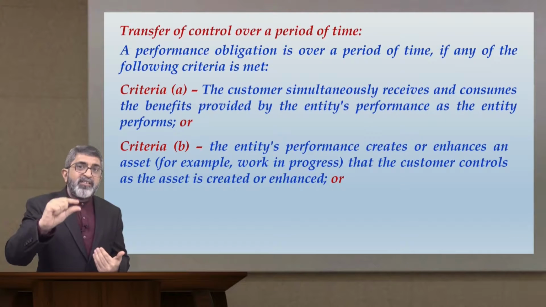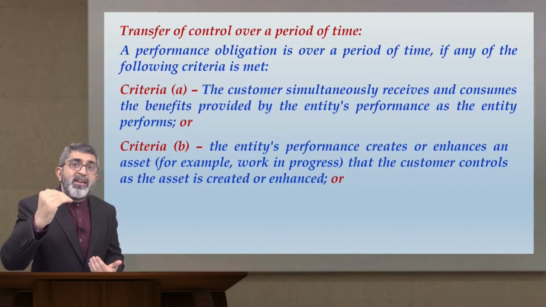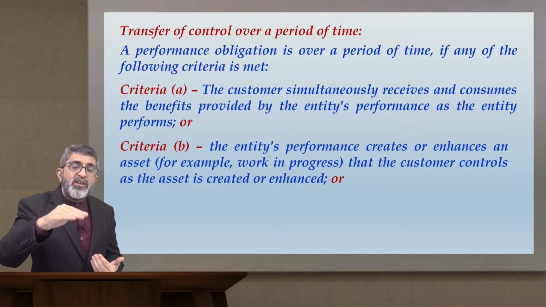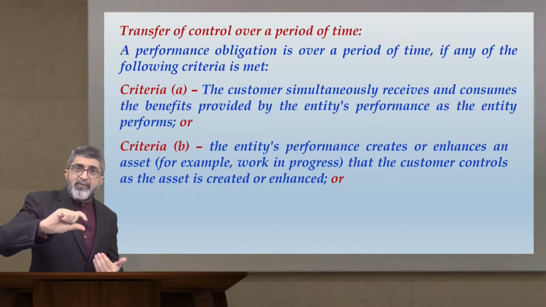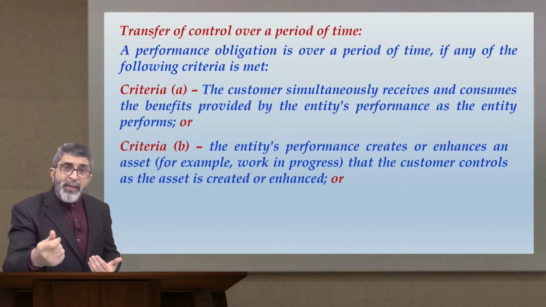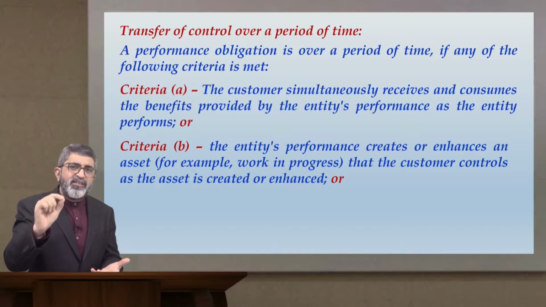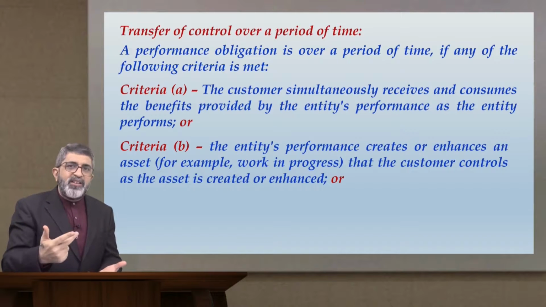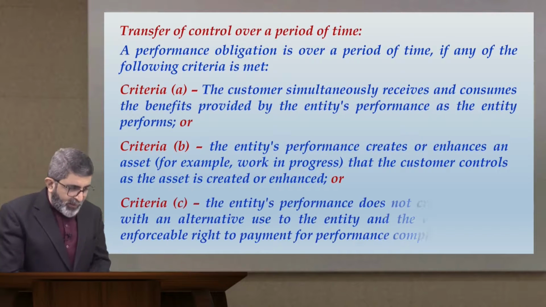Because this is becoming an asset gradually being created and placed in your balance sheet with the progression of work, its value getting enhanced, the value also gets enhanced in your balance sheet as an asset. That itself implies that it is criteria B that is getting fulfilled, that indicates that the performance obligation is satisfied over a period of time.